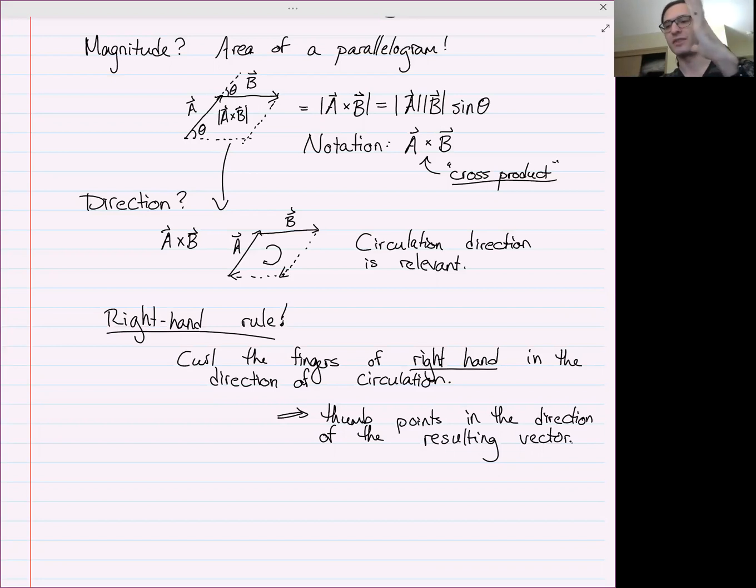So I'm using my left hand because I have to. So the resulting vector points into the page. And I've made sure that the perspective lines up and it works out correctly. So you guys should take your right hand and do this thing and see if it agrees with me. And if it agrees, then that's all we need to do in order for everybody to agree on the associated direction.